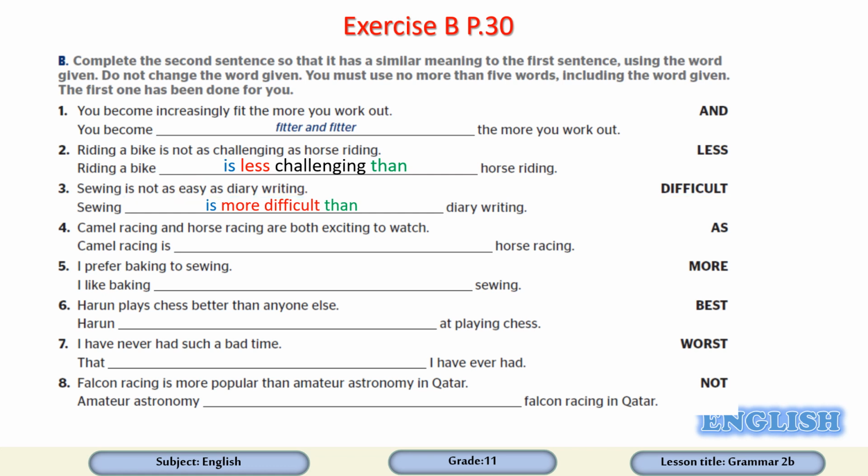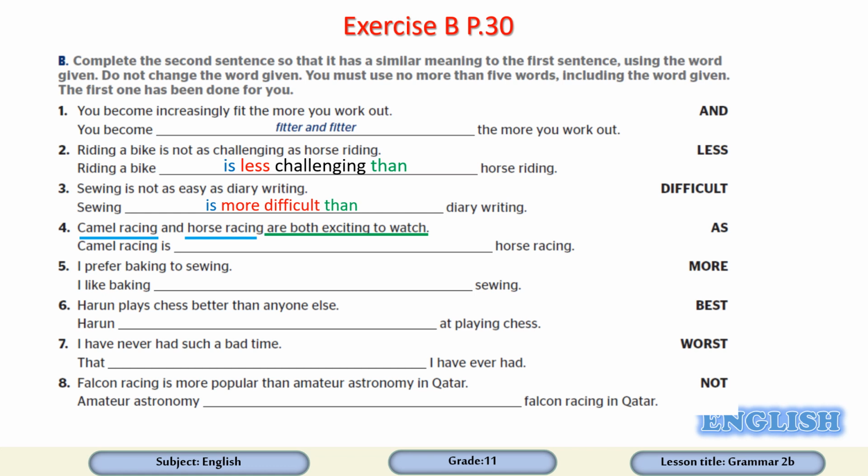We go now with sentence number 4. Camel racing and horse racing are both exciting to watch. What are the two things compared in this sentence? Yes, very good. Camel racing and horse racing. What kind of comparison is there in the sentence? Excellent. It's comparison of equality. How do we express comparison of equality?